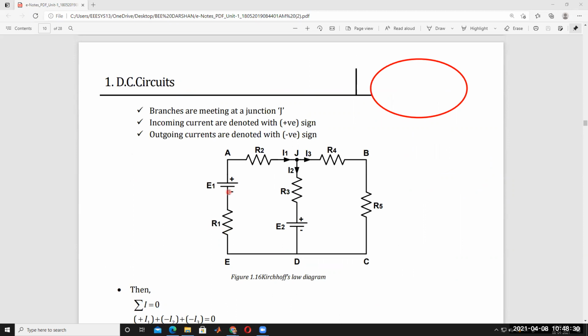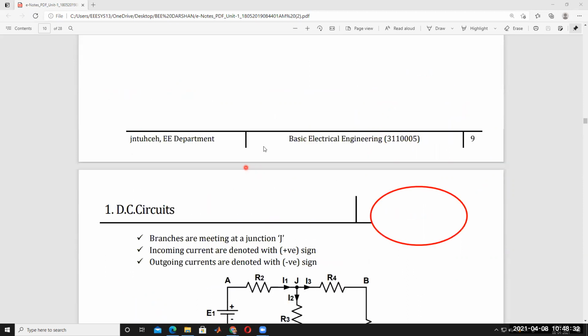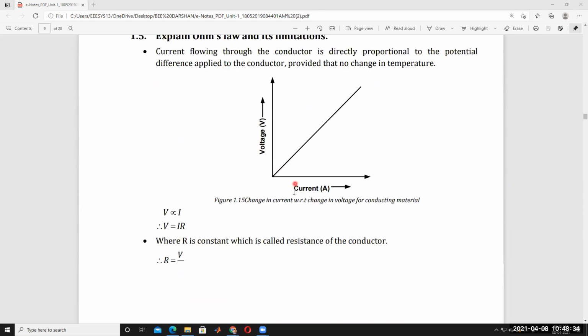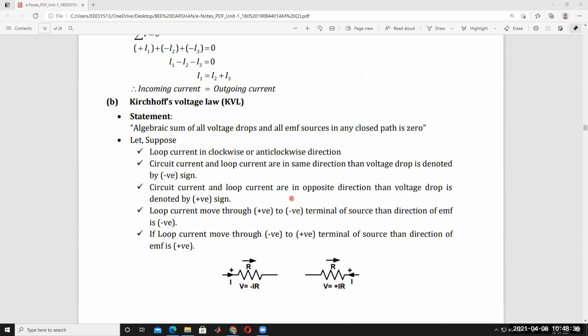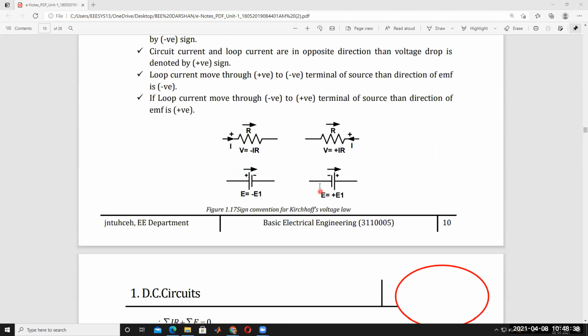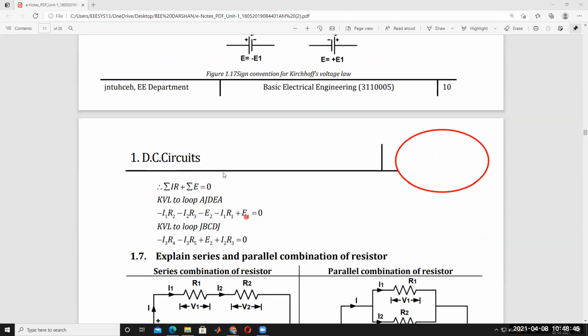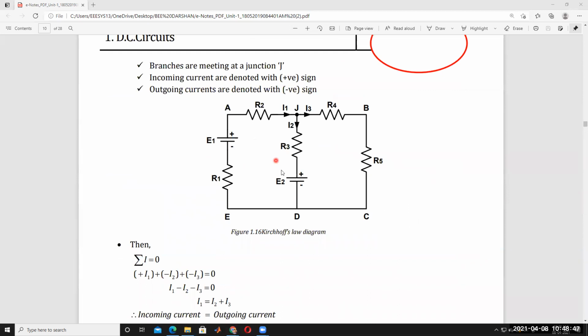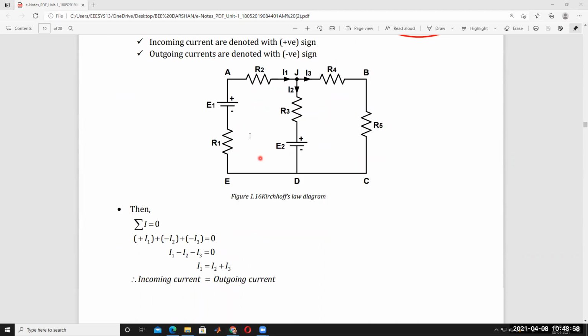That's why it is plus. We take this as an assumption: when current enters the negative terminal of the battery, it is denoted by plus E1. That's why plus E1 in the circuit. So this current I1 enters the negative terminal of the battery, that's why it is indicated by plus. Okay, so this loop is completed.